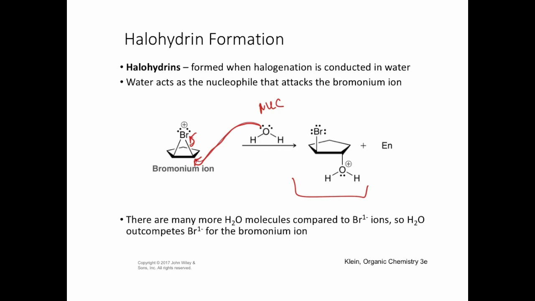the neutral product. Now the reason that you get the water attacking instead of the bromide is that this is typically run in water as a solvent, so there's just way more water than bromide around, so statistically it's going to be much more likely that a water molecule will collide with the intermediate than another bromide.